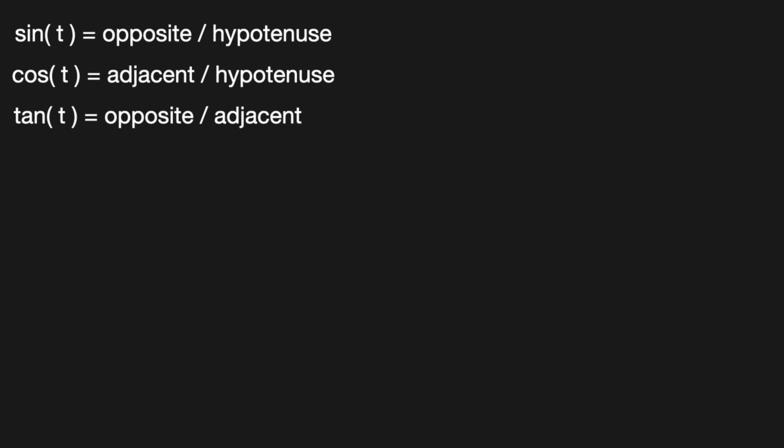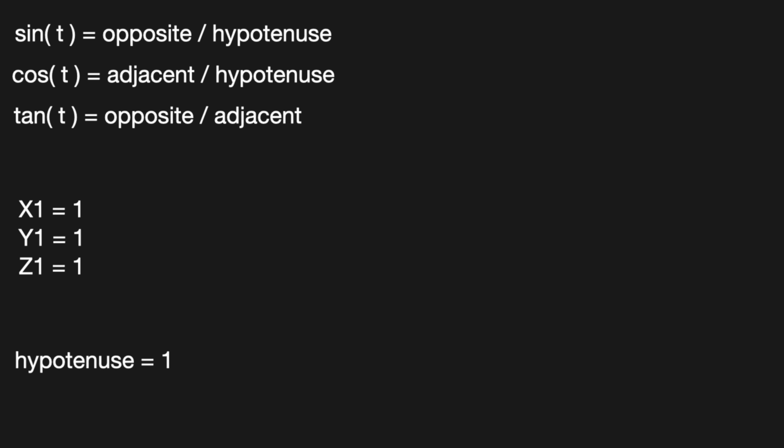So again, if we remember from school, the sine of some angle theta is the opposite over the hypotenuse. The cosine of that angle is the adjacent over the hypotenuse, and the tangent is equal to the opposite over adjacent. Remember, we stated before that all of the lines in our frames for these rotations have a length equal to 1. Therefore, we can actually rewrite these equations as what we see here.